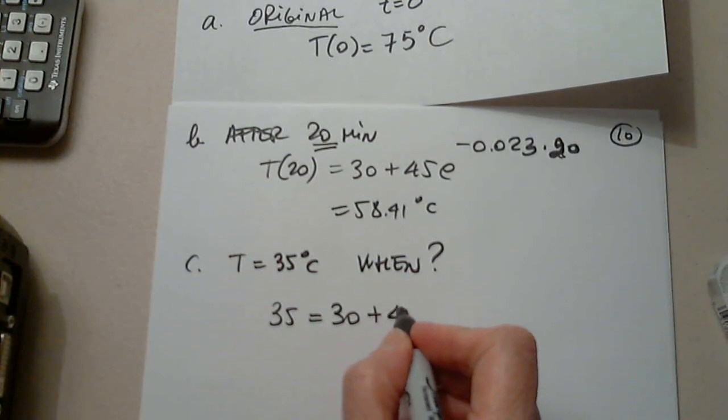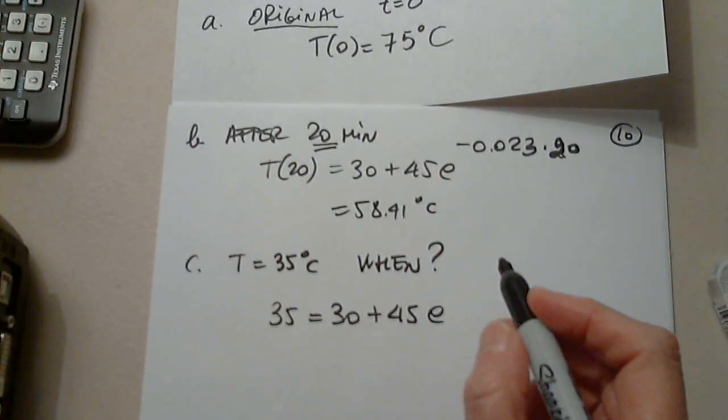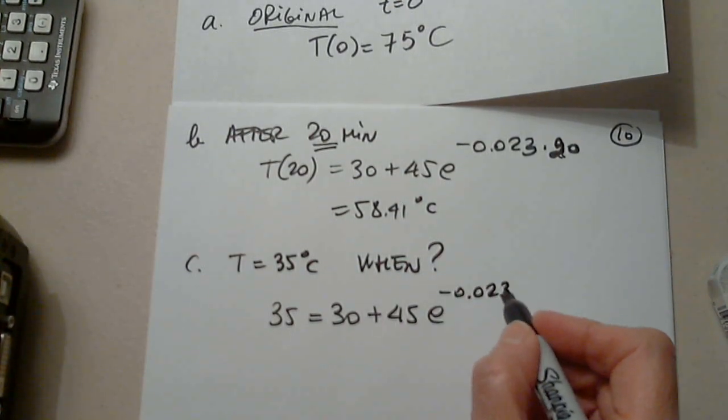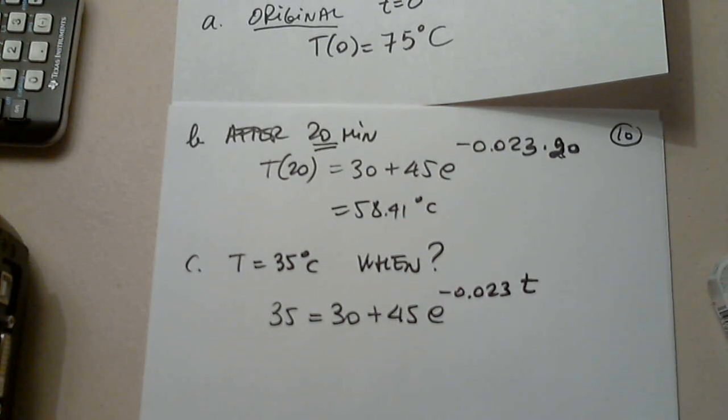Which equals 30 plus 45 e to negative 0.023 times x. Very good. Brilliant. Excellent. What do I do now? And don't ever forget, clean it up, clean it up, clean it up. Make it as easy as possible. So let's clean it up. How do I clean it up?